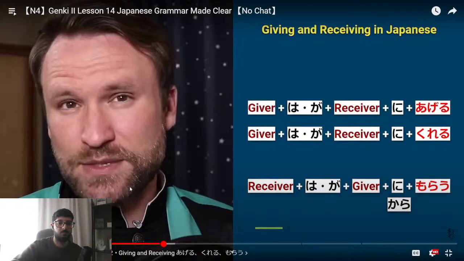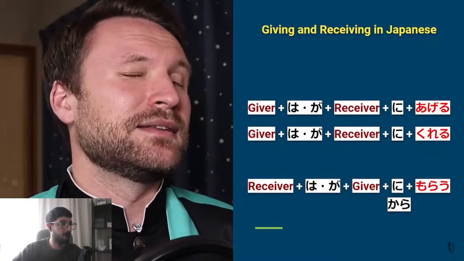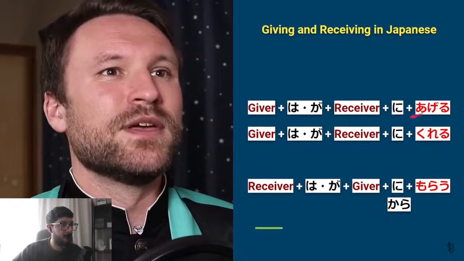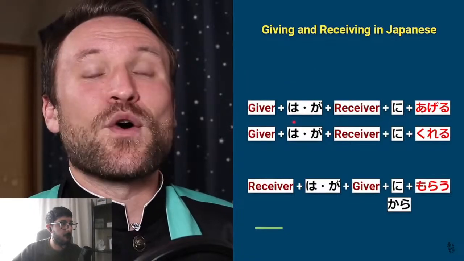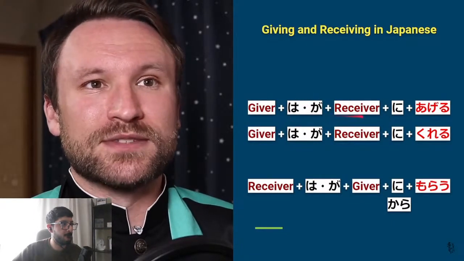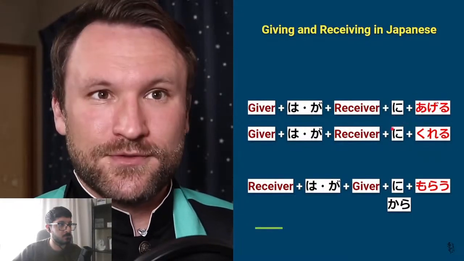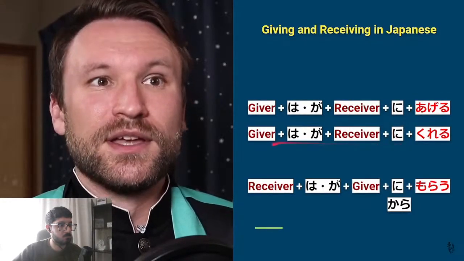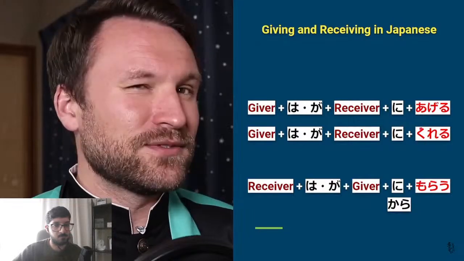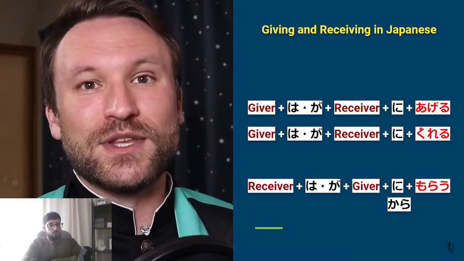Let's look at this way really quick, and then I'll try and make it a little bit more simple for you. So we've got giver plus wa ga, either particle is fine. Receiver ni ageru, that means to give. Same thing plus kureru also means to give, but not to someone else. Like you can't use kureru when you give something to someone else.